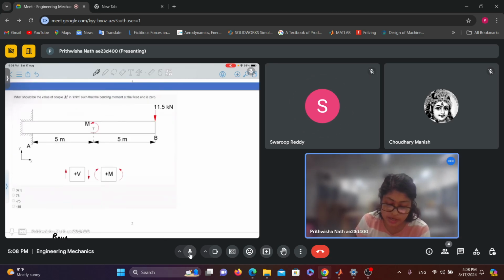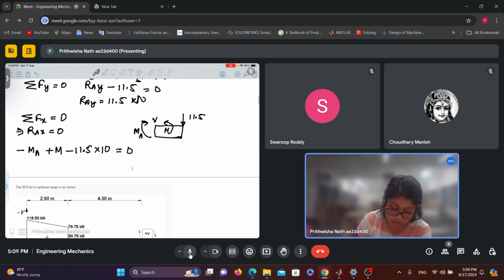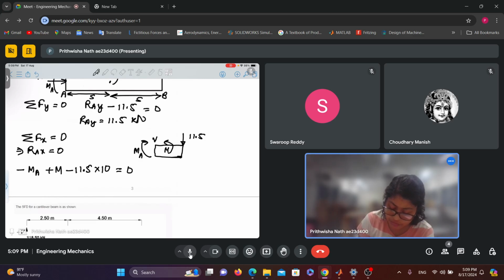Now as per the question, the bending moment at the fixed end should be 0. So MA should be 0, right? According to the question. So M should be equal to 150.